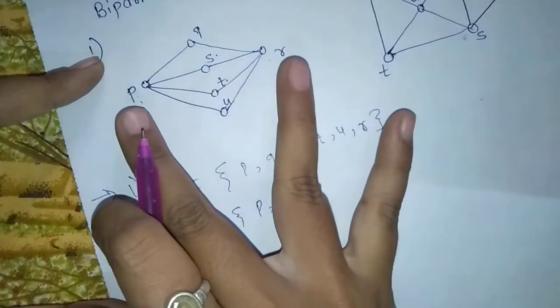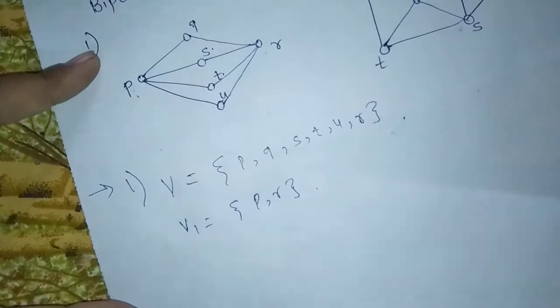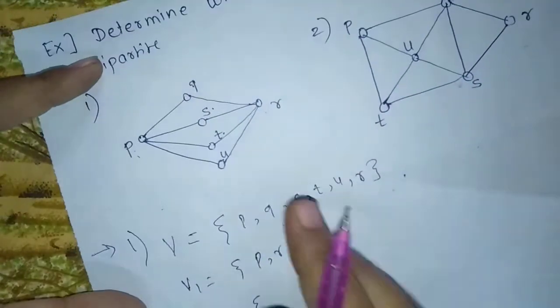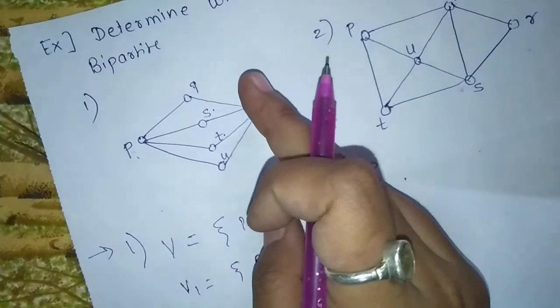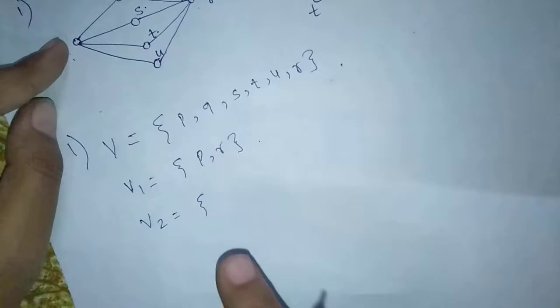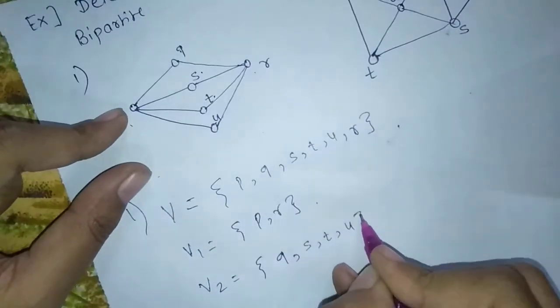Because there is no edge between P and R. By the definition of bipartite, V1 and V2, no vertex of V1 is adjacent to any vertex of V1. Similarly for V2. Now take V2. Here you can see that there is no edge between Q, S, T, U. That's why we take V2 equal to the set of Q, S, T, U.